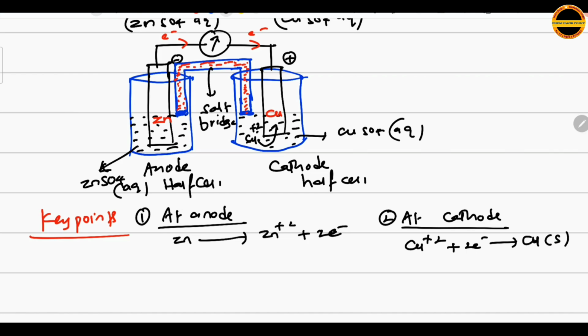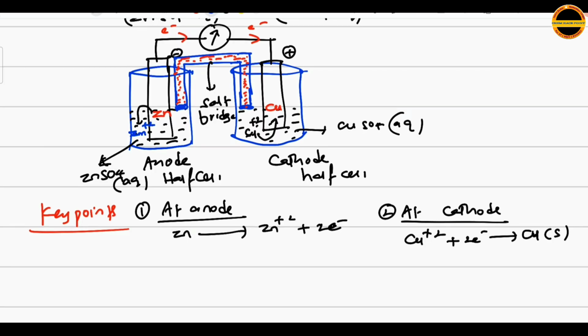So continuously, zinc from anode dissolves into the solution in the form of Zn2+. On the other side, in cathode, Cu2+ ions gain electrons from wire or from cathode and deposit on the electrode.